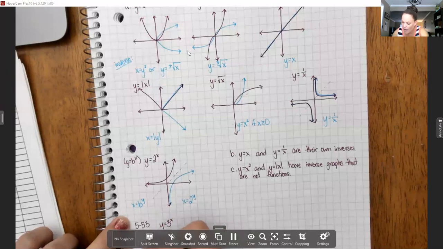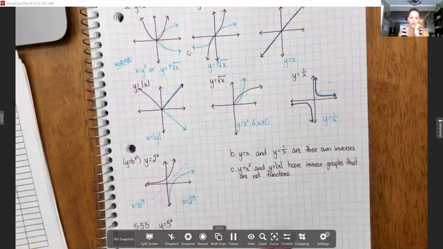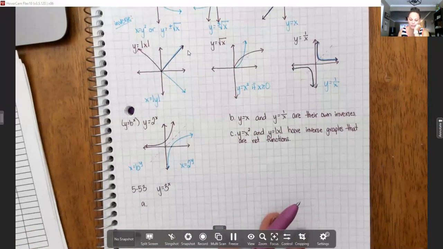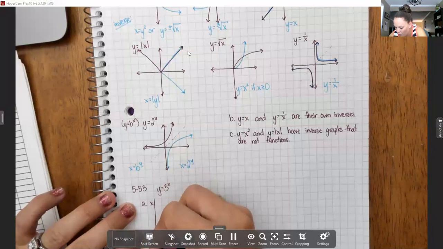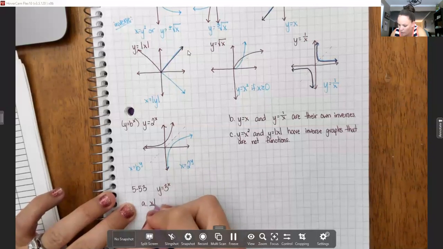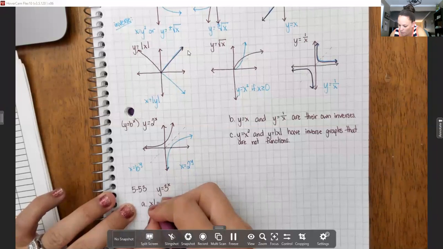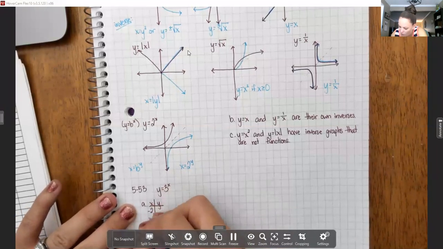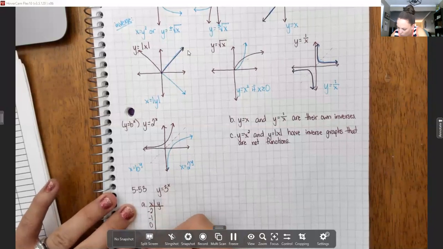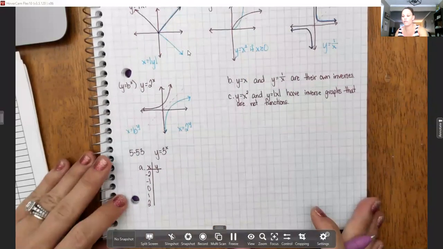So for part A, they want a table for the inverse. So we're going to go ahead and just make a regular table here. I'll just make it from -2 to 2.